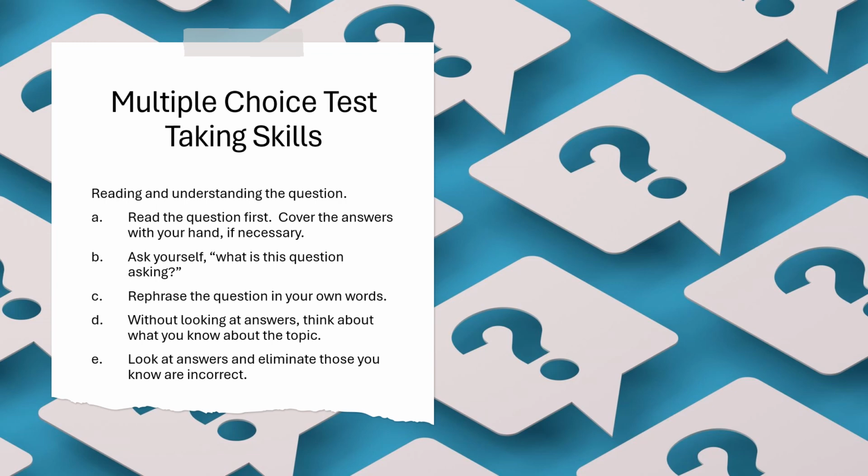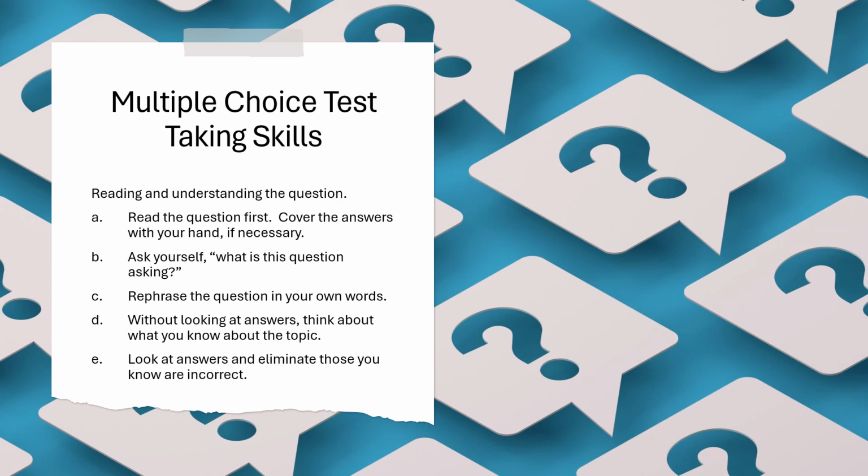And then, without looking at the answers, think about what you know about the topic. So you rephrase the question in your own words, and before you even look at the answers, try to think, what do I know about this topic that the question's asking about? If it's the Civil War, what do I know about the Civil War?